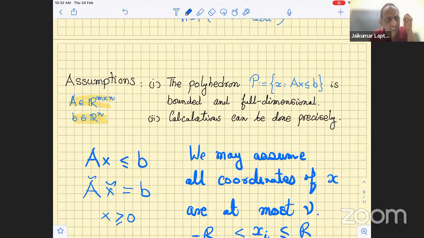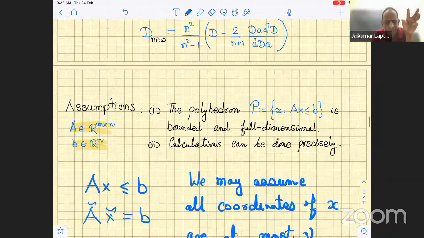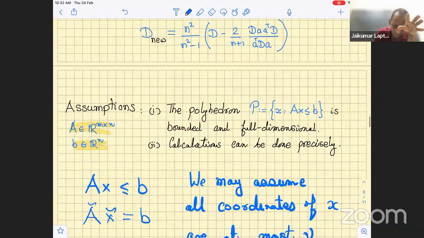But the epsilon will be very small. What do we want to ensure? That it contains some small sphere, but that is not how we have said it. We have just said that it should be full dimensional.